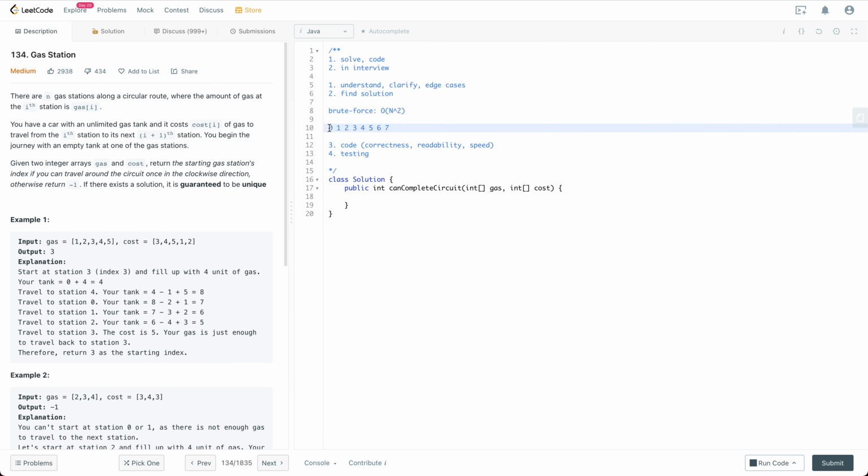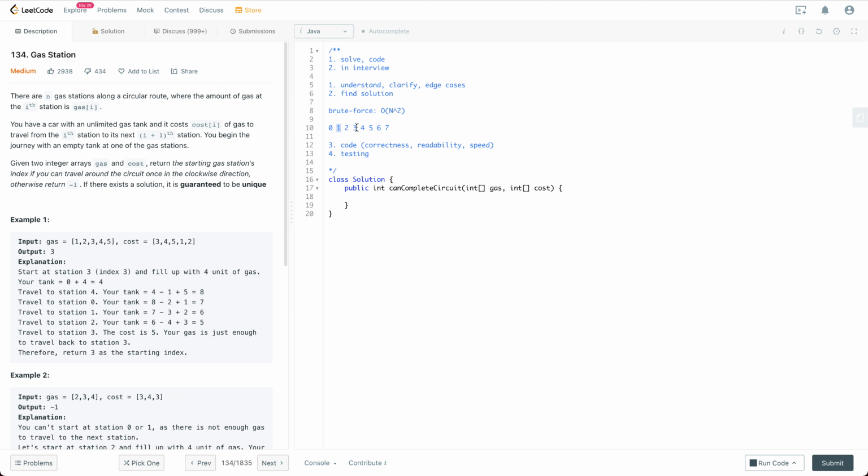That is because from 0 to 1 we are successful. Then it means the gas minus cost is for sure going to be larger than or equal to 0, which means at gas station 1 the current tank is for sure either empty or we have more gas to travel along the distance.